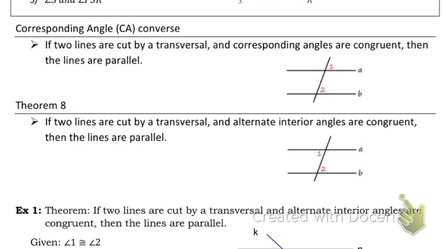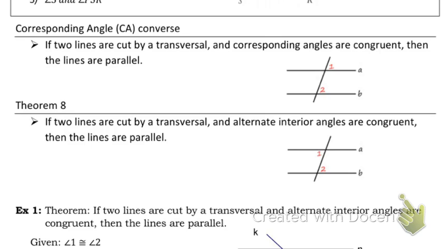If we look at just the regular postulate, the CA postulate, that starts with two parallel lines, and then you can conclude that corresponding angles are congruent. In this case, we are going to start with two congruent angles, which prove it's parallel.